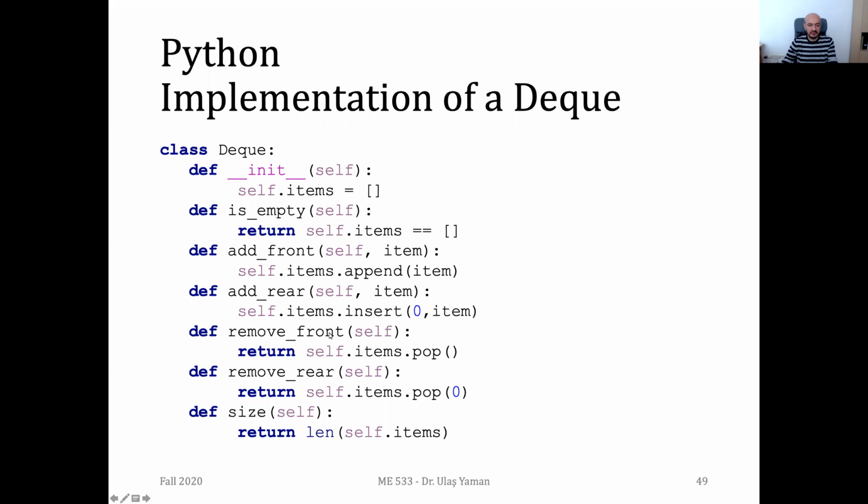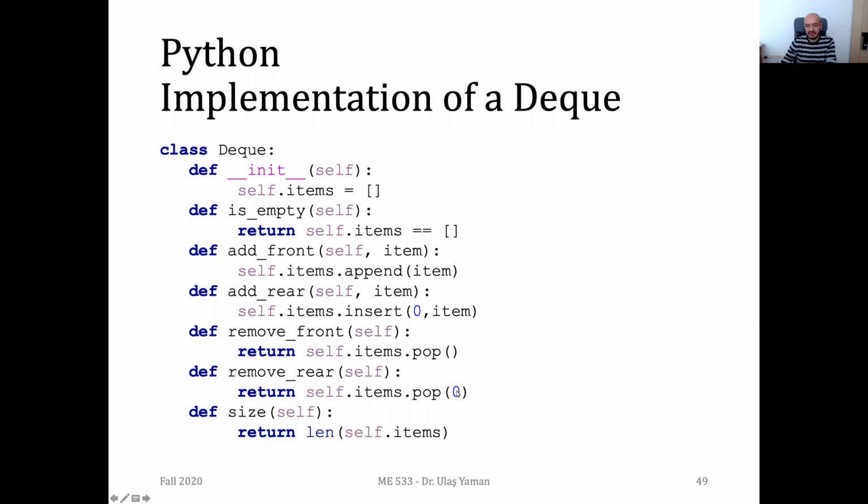Now, if you want to remove from the front side, this is simply done with the help of the pop operation. But if you want to remove an item from the rear, this is the first time we are using such an implementation. This time we will be popping the item with an index of 0.